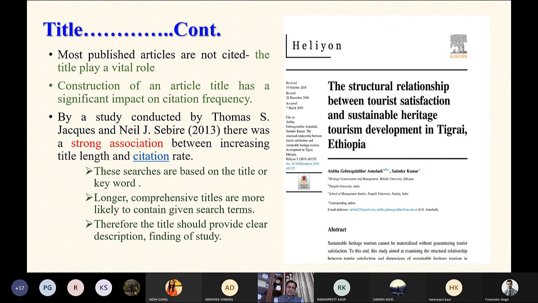The title clearly indicates that a structural relationship has been studied in this manuscript between tourist satisfaction and sustainable heritage tourism development. By reading this title, anyone can have a clear idea of exactly what study is going to take place.